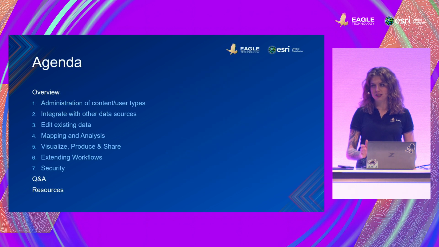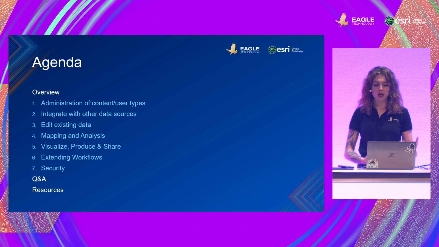So our agenda today, I don't know if you guys were aware, but there was a brand new release of ArcGIS Online that just came out. And so there's a lot of content to cover. To make sense of all the new updates that have happened, we wanted to work through this together with you as a complete workflow.